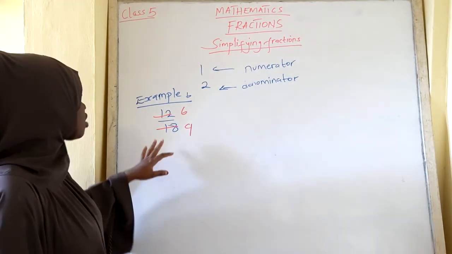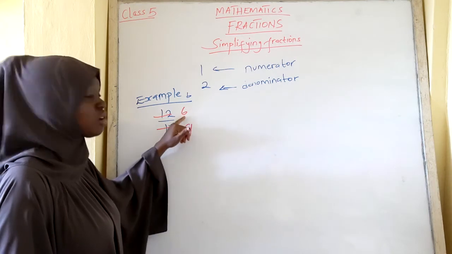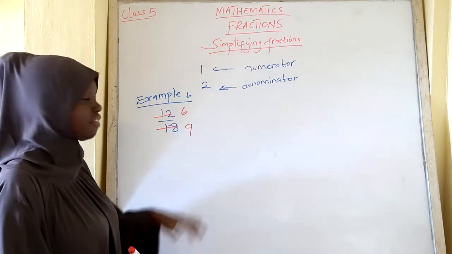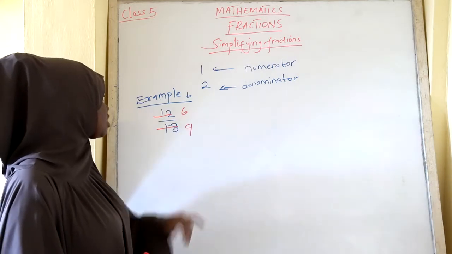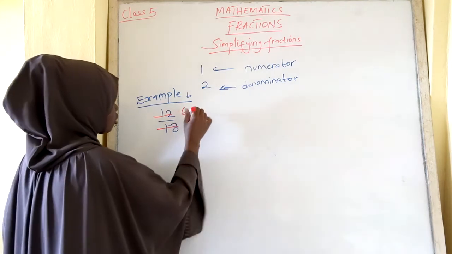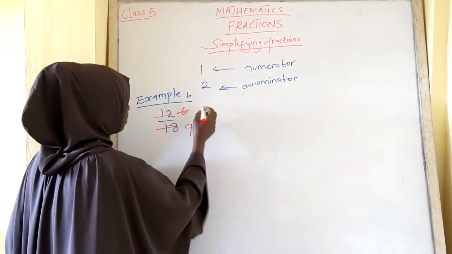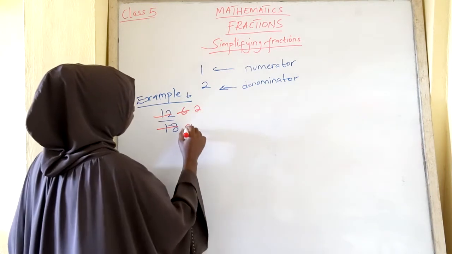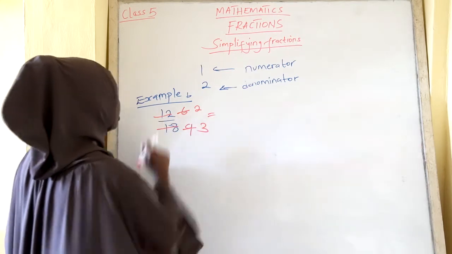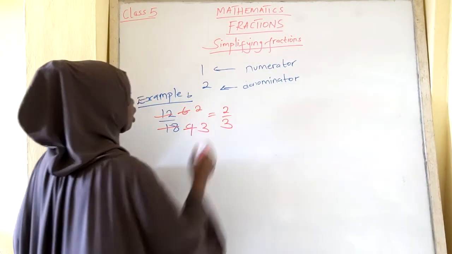We cannot only stop at 6 out of 9, because there is also another divisor that can divide this fraction. So we can further divide it. The common number is 3. 6 by 3 will get 2, and 9 by 3 will get 3. So this fraction in its simplest form will be 2 out of 3.